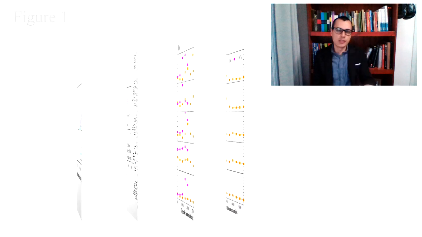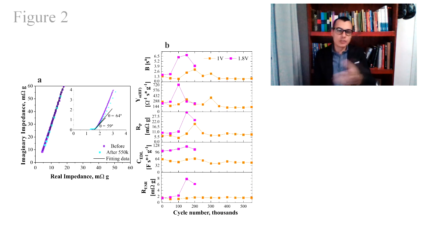Okay, let's move on to figure 2. Figure 2 shows the electrochemical impedance spectroscopy, or in other words, the EIS. In this case, the analyses were made at 0.5 volts, applying an AC signal of 10 millivolts amplitude from 10 millihertz to 10 kilohertz.